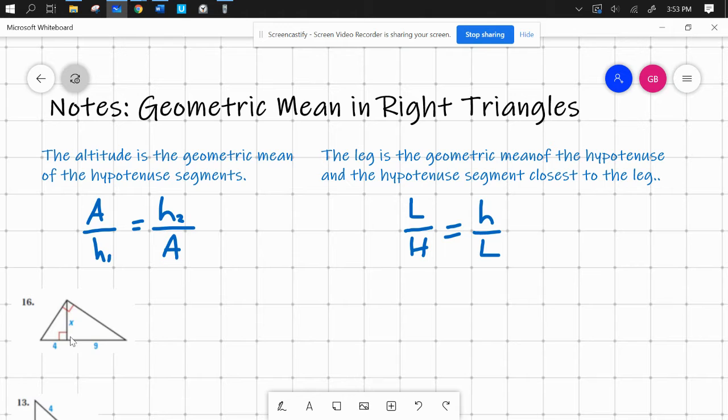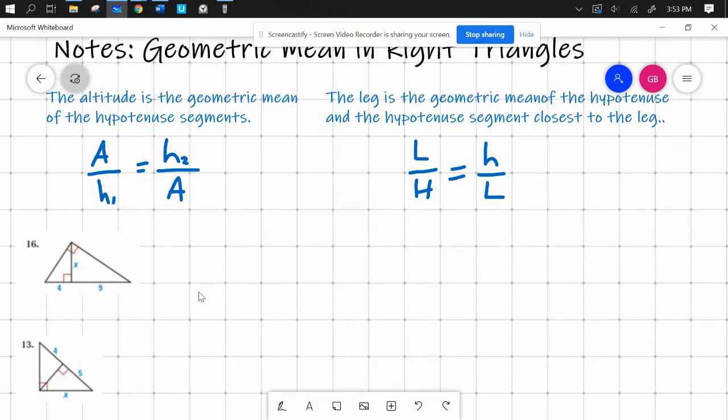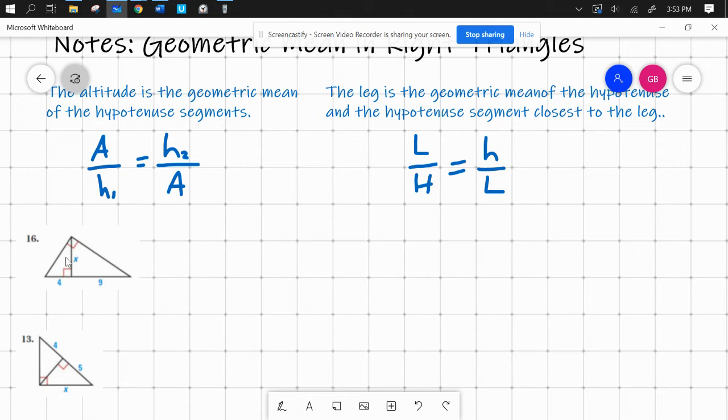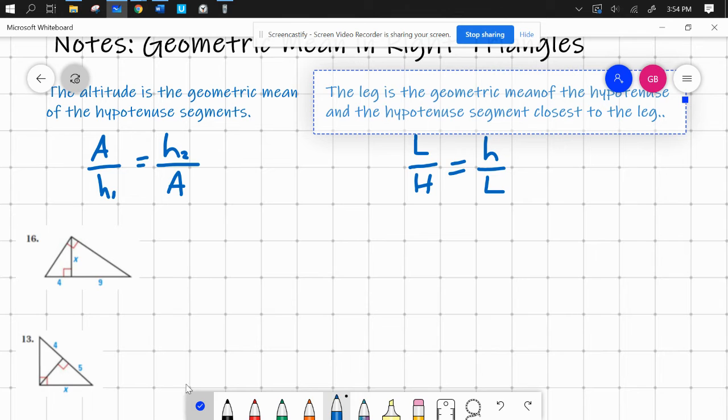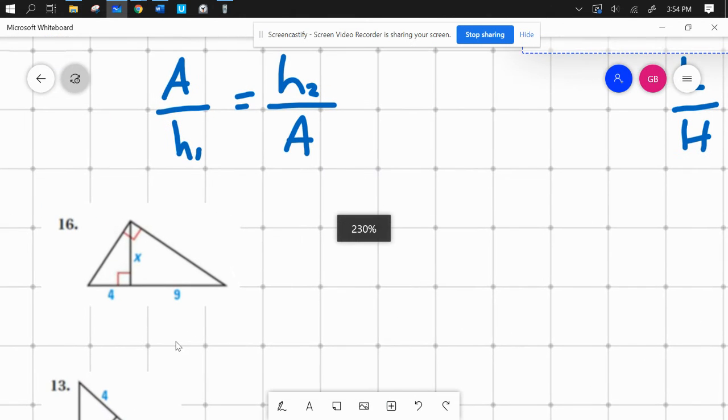So this is number 16 from practice number 5. Notice we need to find the altitude. So that means that we need to use this formula over here on the left. Let me zoom in a little bit. All right.